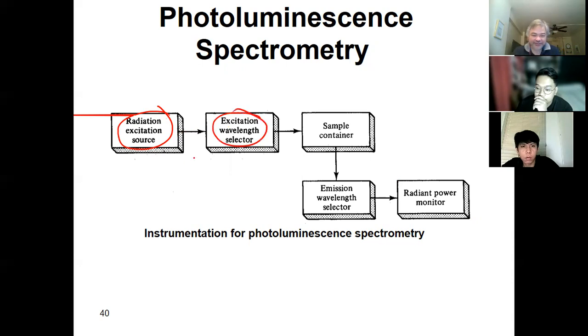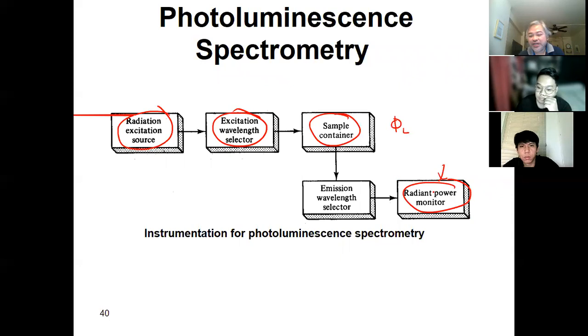So mag-select ka ng wavelength na mag-excite doon sa analyte na nasa sample mo. So the analyte concentration is optically encoded as the luminescent radiant power. So meron kang parang ganyan. Okay? And this is measured with the radiant power monitor. So ito lang usually yung taga-measure niya.